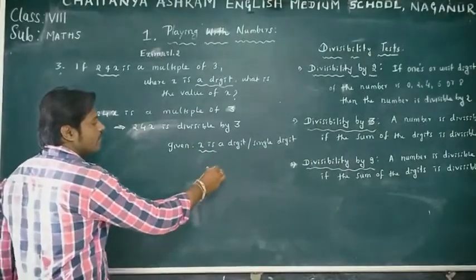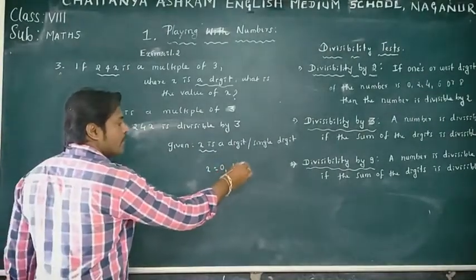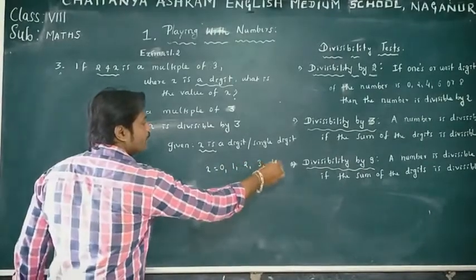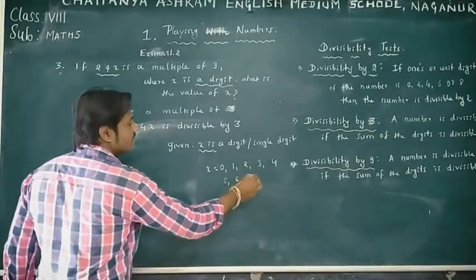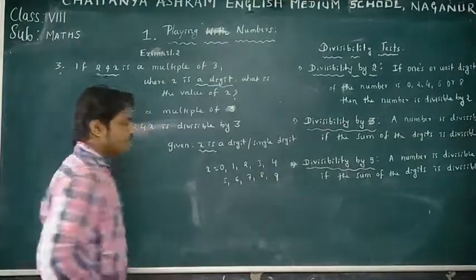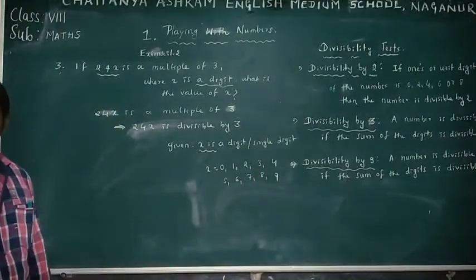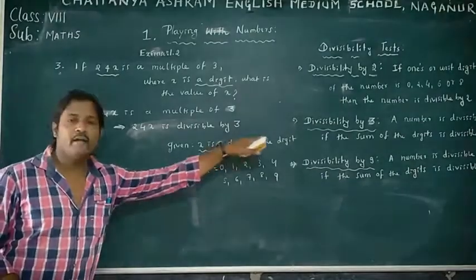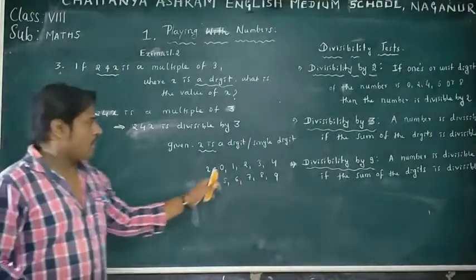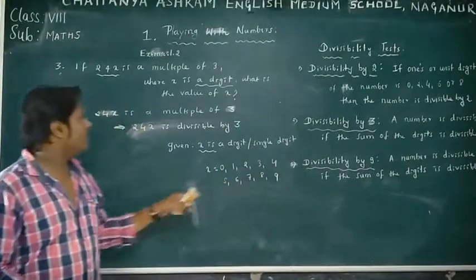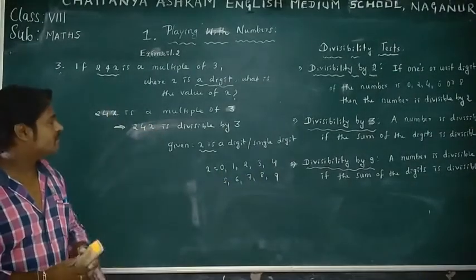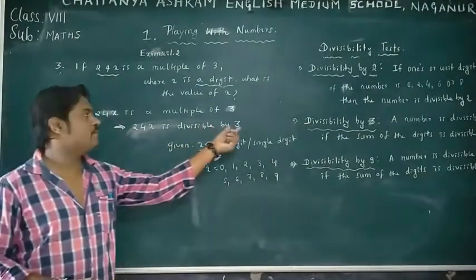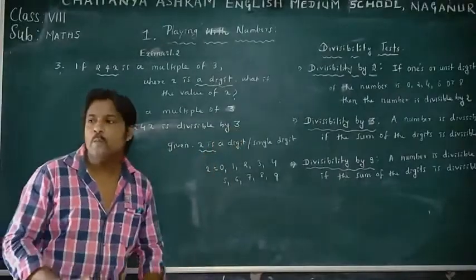That is x equal to 0, 1, 2, 3, 4, 5, 6, 7, 8, 9. These are the values of x because x is a digit. Out of this, which value of x makes this number divisible by 3, that we have to find.